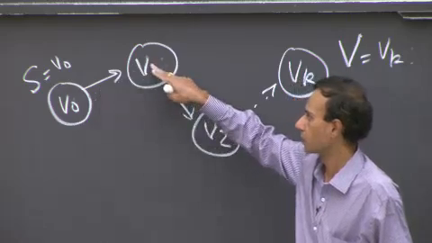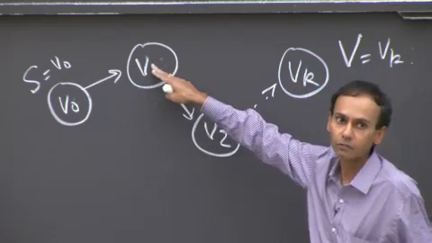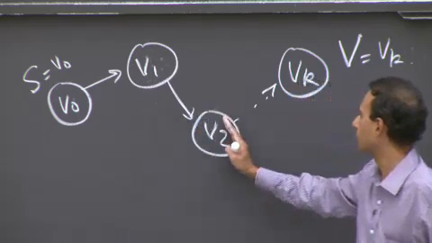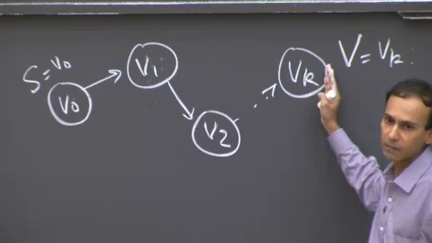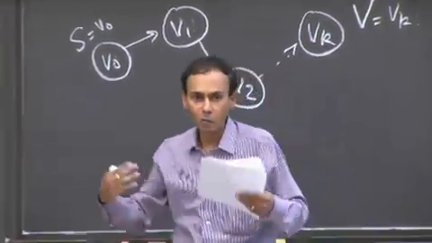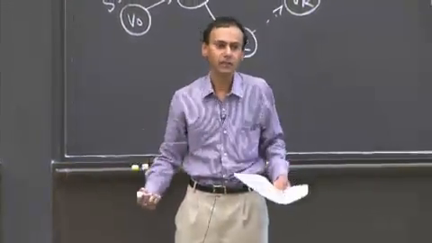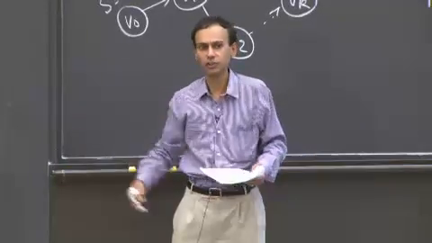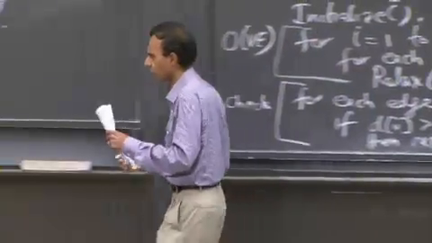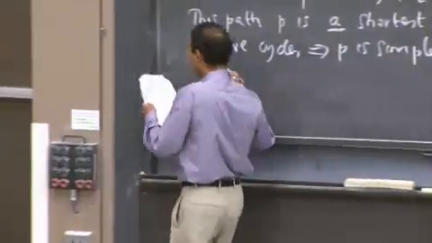And it's going to be this relaxation that's going to get me that value. And after the first pass, I'm going to be able to get to V1. After the second pass, I can get to V2. And after K passes, I'm going to be able to get to VK. Right? So I'm just growing this frontier one node every pass. And that's your induction. And you can write that out, and I'll write it out here, but that's basically it.